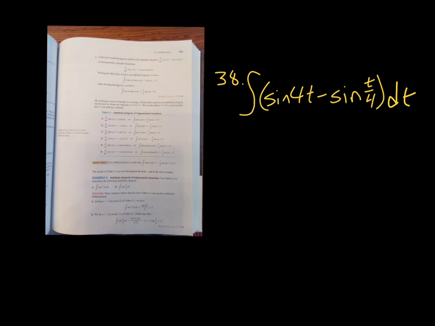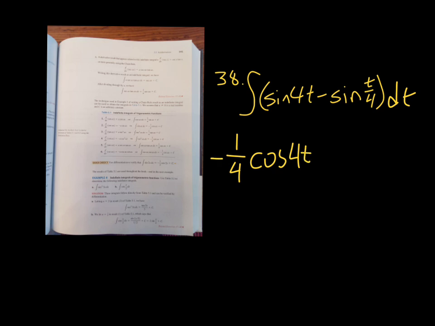The way this works is whatever the inside number is, this 4, we're going to have to multiply by 1 over that. So 1 over 4. And then the derivative of cosine is negative sine. And so then we get to there.